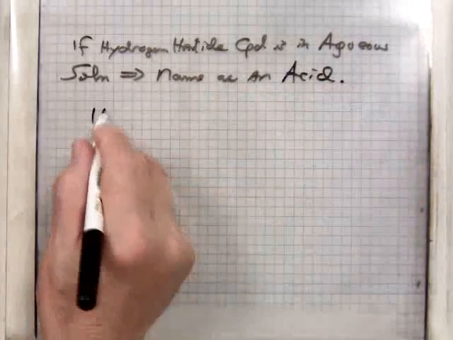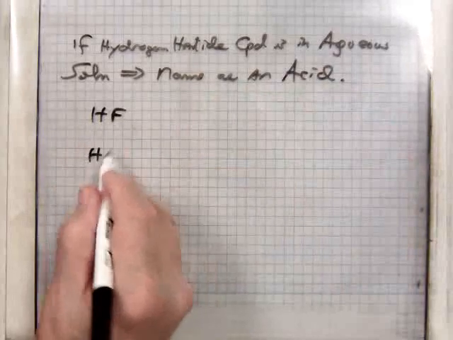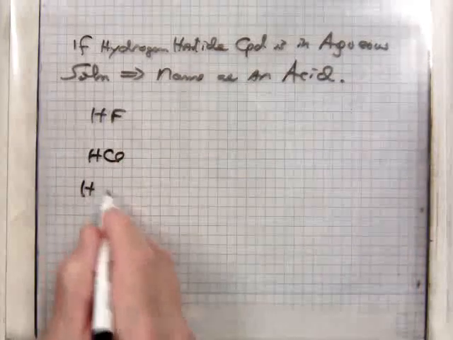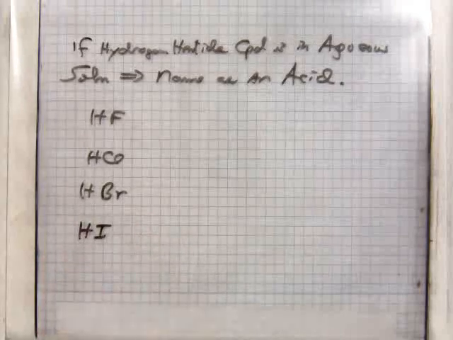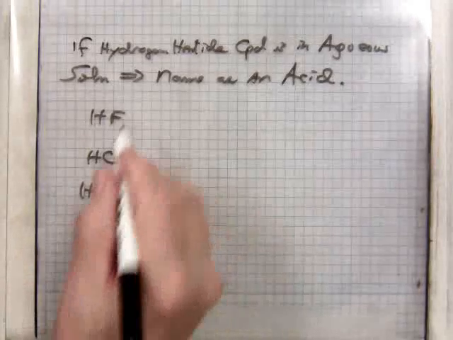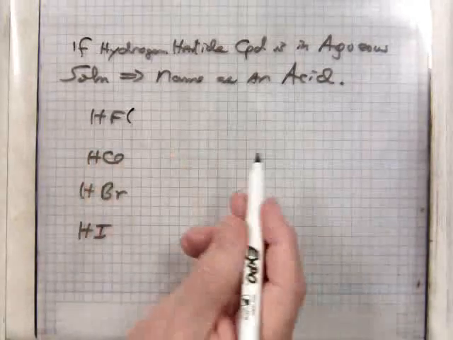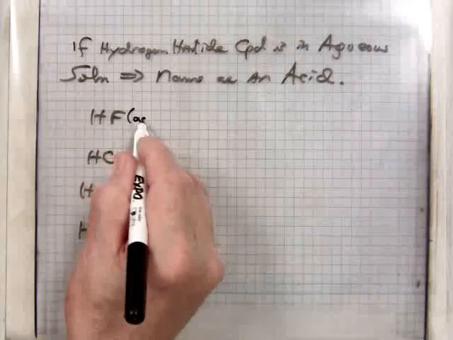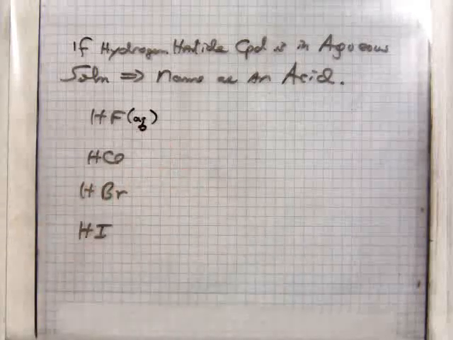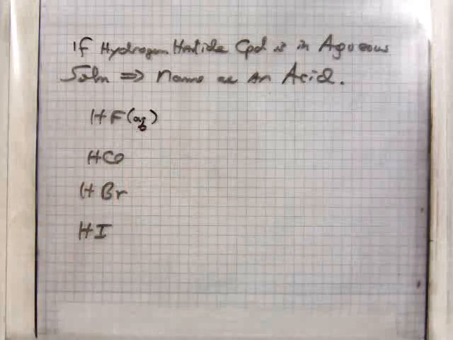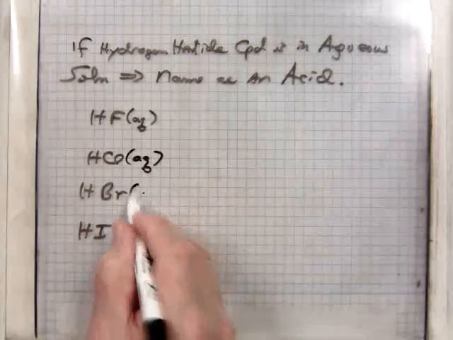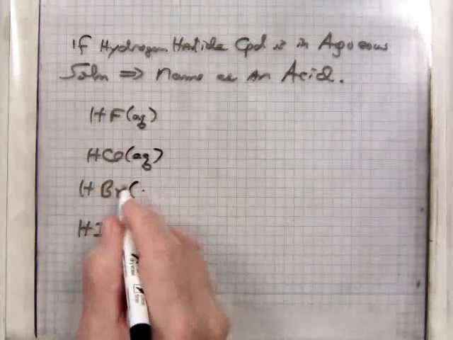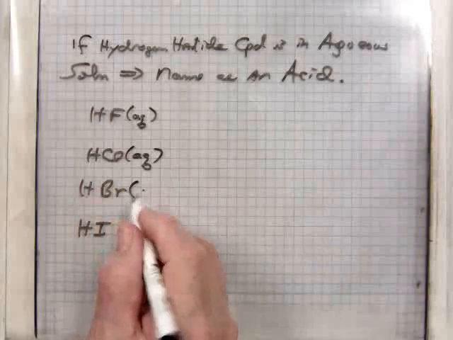So if we have HF, HCl, HBr, and HI, to designate them in water, we put after the formula an AQ. And I haven't mentioned S is for solids, and L for liquids, and G we just saw is for gases. But here is AQ, meaning that the primary solvent in the solution is water.